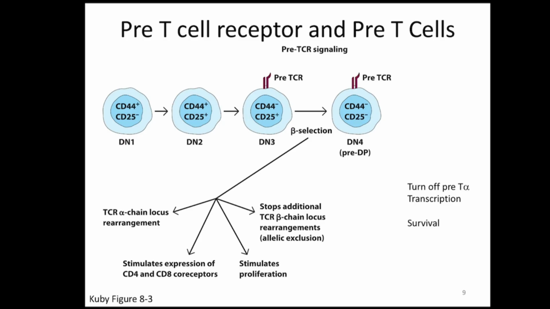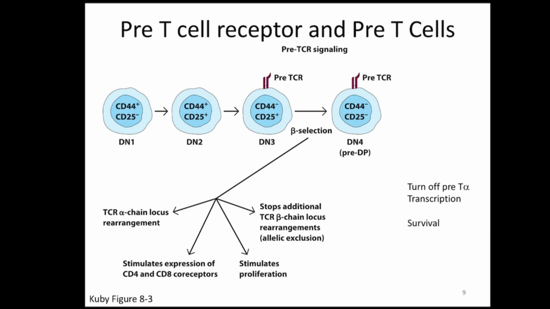And again, it's both CD4 and CD8. So when we get to the point where the cell is transcribing CD4 and CD8, it becomes a double positive. Double positive means you have CD4 and CD8.